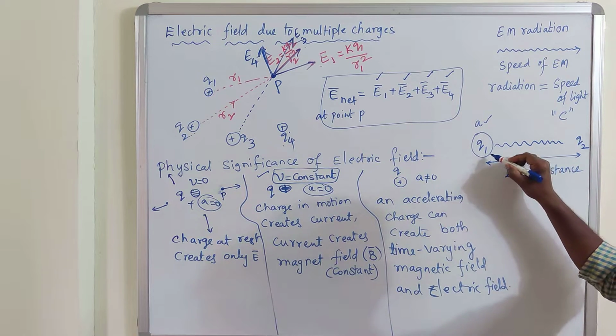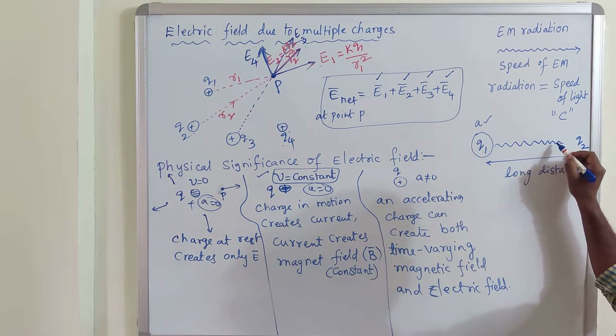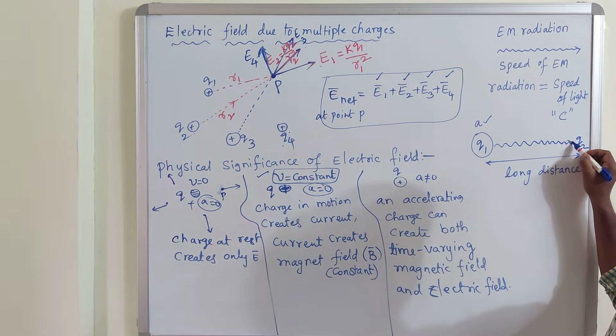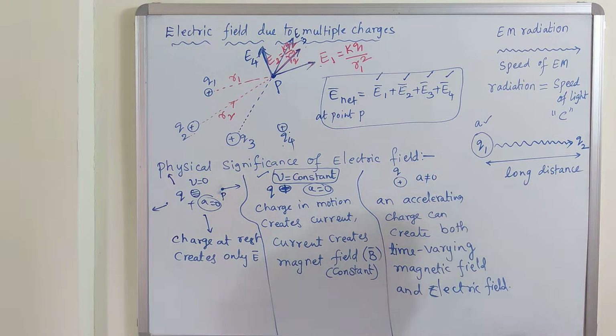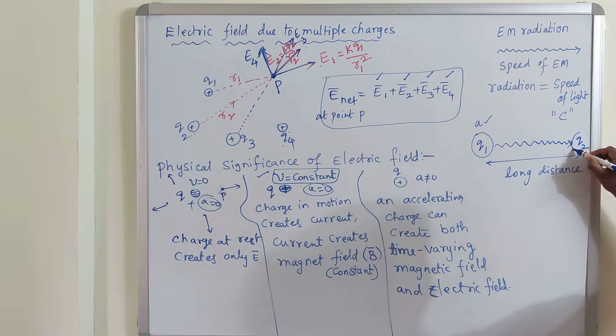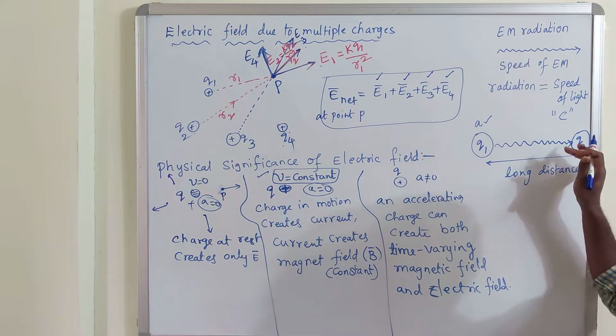So this time varying magnetic and electric field can propagate through space, and when it reaches point charge q2, charge reach అయినప్పుడు, so that this charge will experience force.